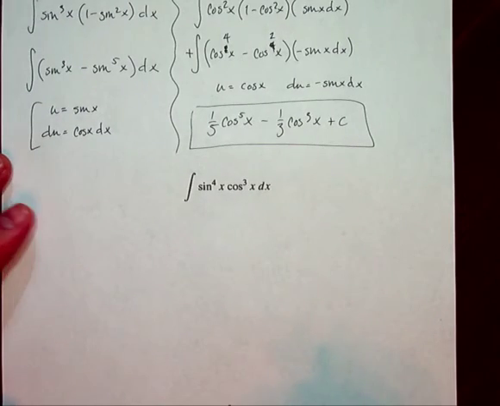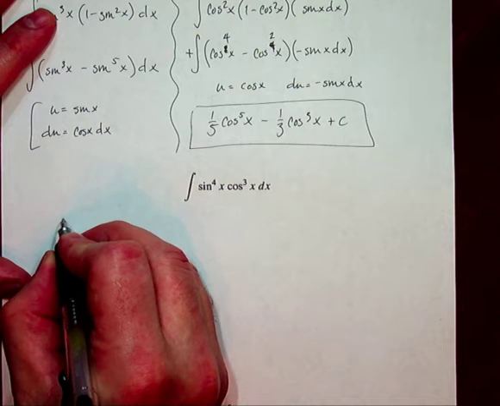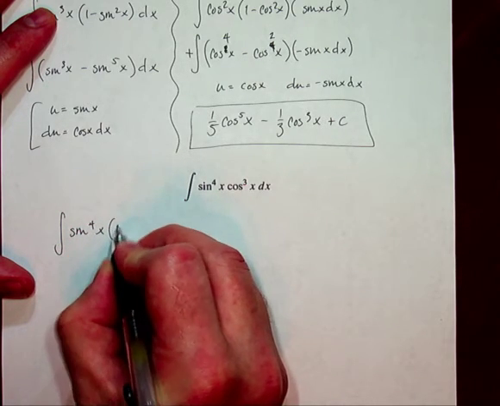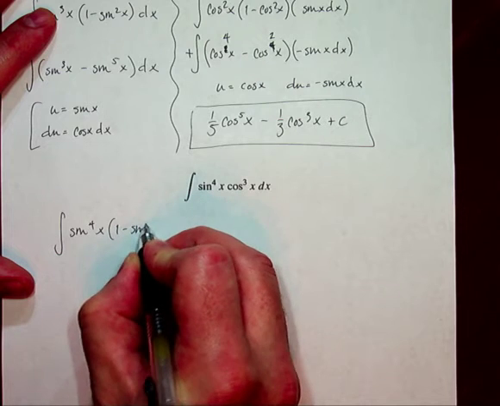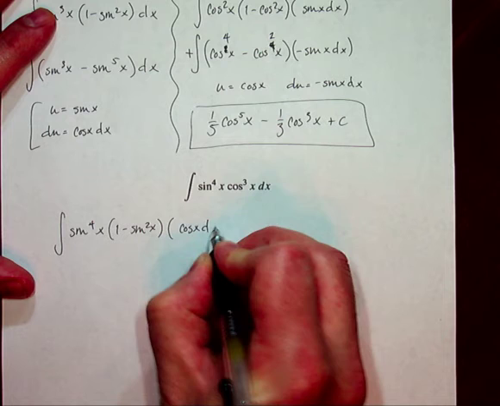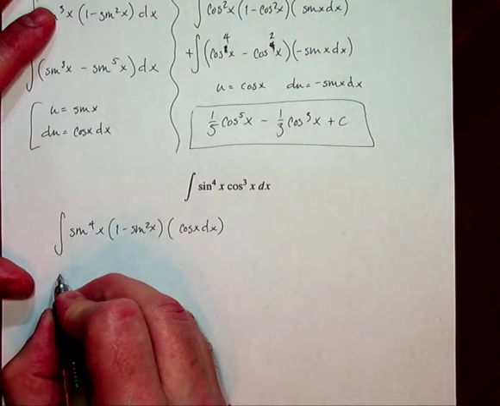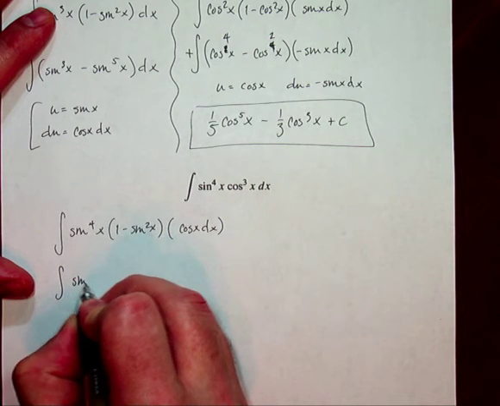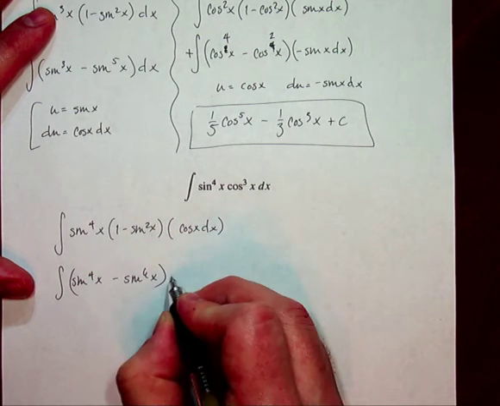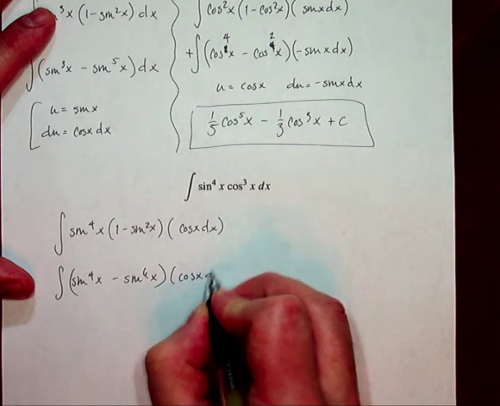When cosine is raised to an odd degree, that is going to allow me to transform an even number of them, in this case 2 of them, and that's going to leave me with a cosine x dx, such that I'm going to have sine to the 4th x minus sine to the 6th x cosine x dx.